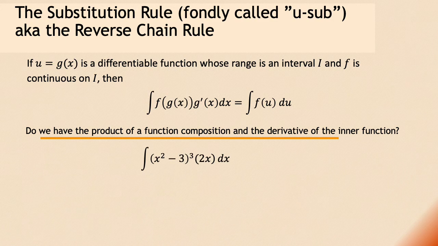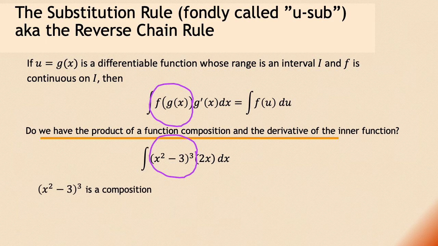So let's look at a specific example, and we want to ask, is this the product of a function composition and the derivative of the inner function? So first is, do we have a function composition? And the answer is yeah. X squared minus 3 quantity raised to the third power. That is the composition of two functions.